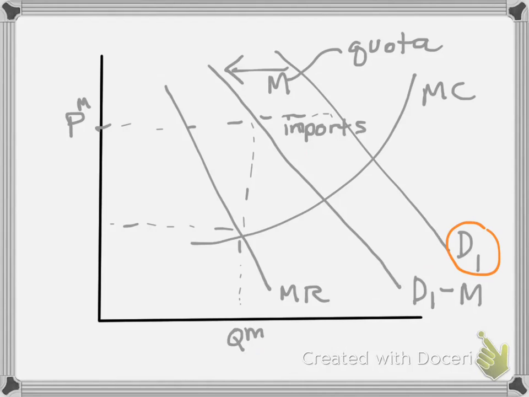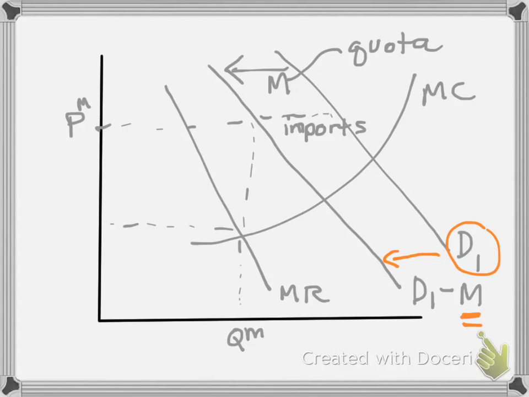If this is the demand curve that people face, basically a quota means the demand curve shifts back by M, which is the amount of the quota, so imports. And of course our assumption here is that the world price for those imports is below the domestic price, so people would rather purchase imports, which are cheaper, but because there's a quota, they're limited by how many imports they can buy.